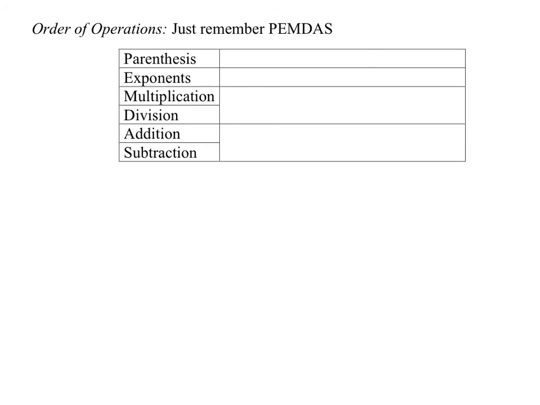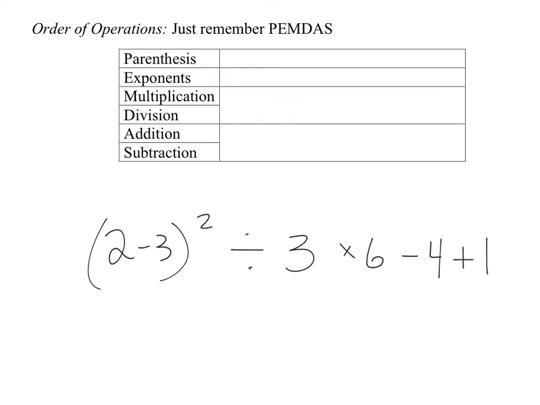All right. PEMDAS. So we know again, parentheses, exponents. Then for multiplication and division, just remember to go from left to right. So let's quickly look at an example of this. Let's say we've got 2 minus 3 to the second power, divided by 3 times 6 minus 4 plus 1.